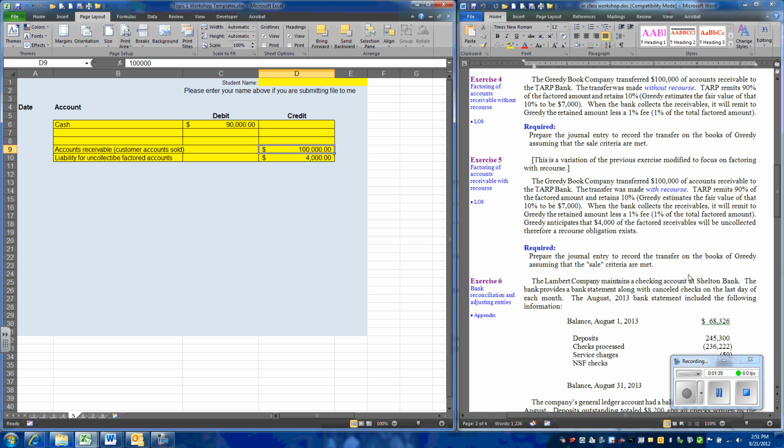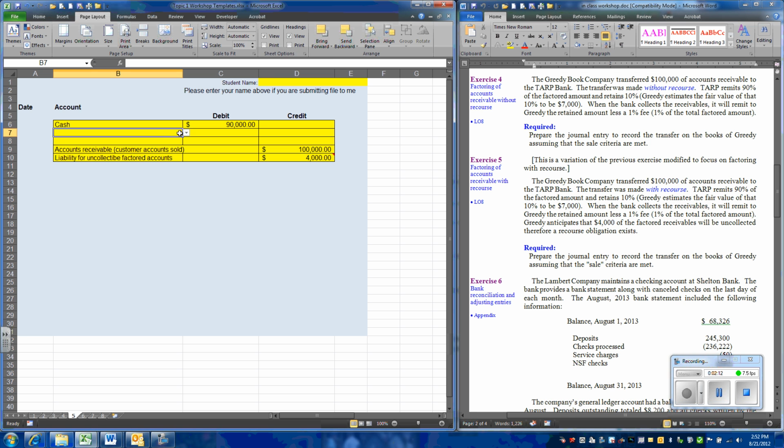The bank has agreed that it will retain the 10% and it will remit back to the company any funds that it collects up to a total of $100,000, and they will extract from this remittance their fee of 1%.